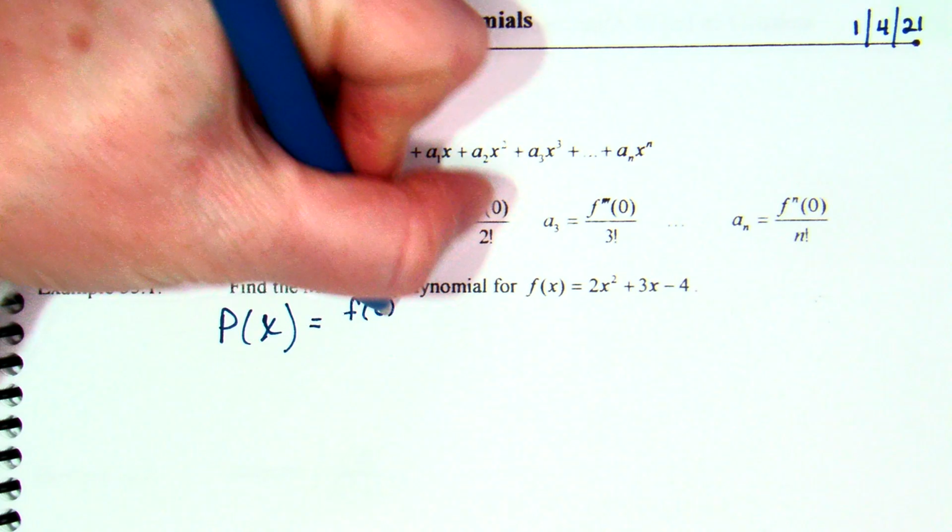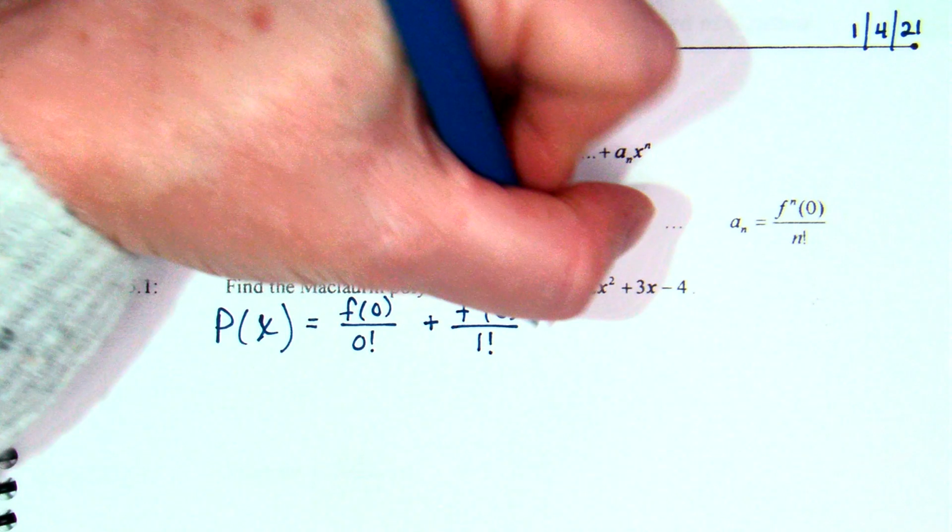Continuing along. The next one would be a1 times x to the first. So how is a1 defined? The first derivative at 0 over 1 factorial, multiplied by x to the power of 1.